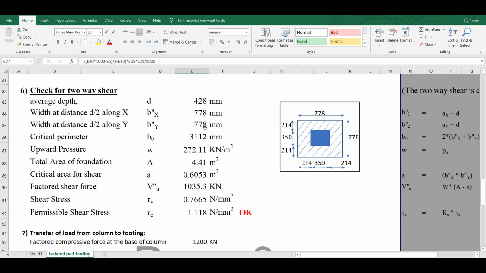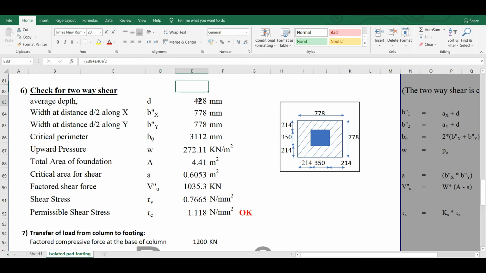So now the width at a distance of d by 2 along x, that is this width. So this width is nothing but, I know the width of the column, and in both the directions I have to go d by 2 and d by 2. So overall I will go d. But what is my d? That is the average effective depth.